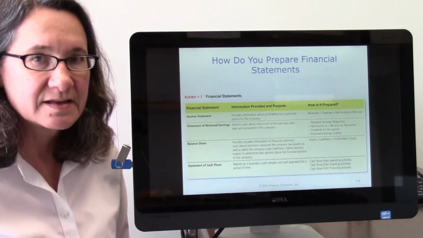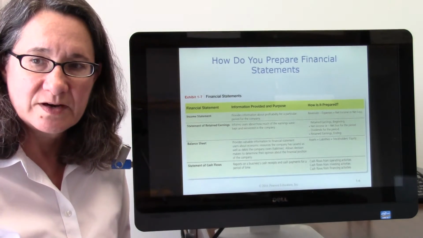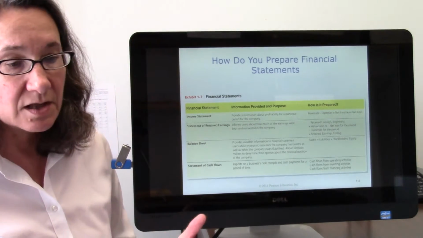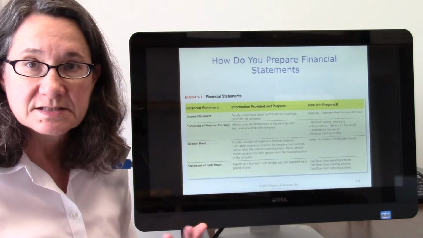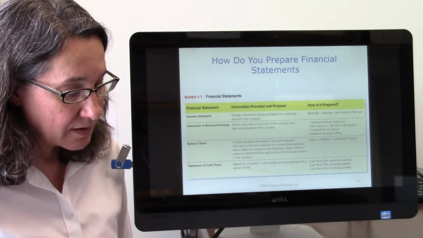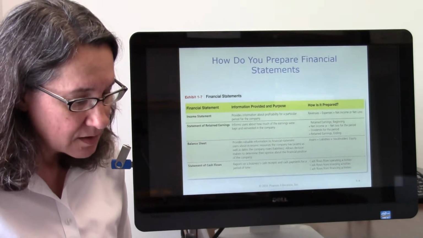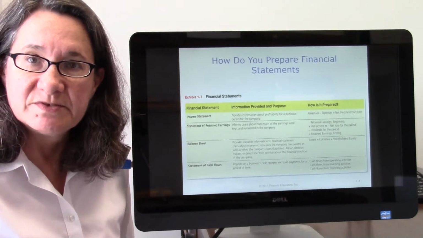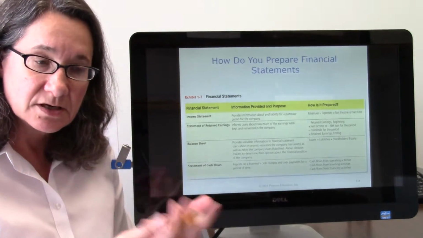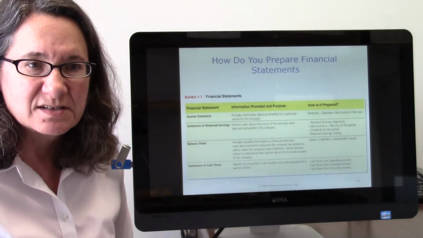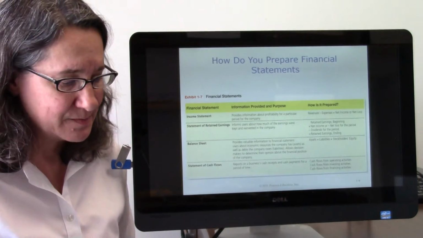At the end of the month, people want to know: how did we do? Did we make a profit? Did we make a loss? Did our assets go up or down? How's our company doing? As an accountant, you would make a report, and for accountants, our reports are called financial statements.